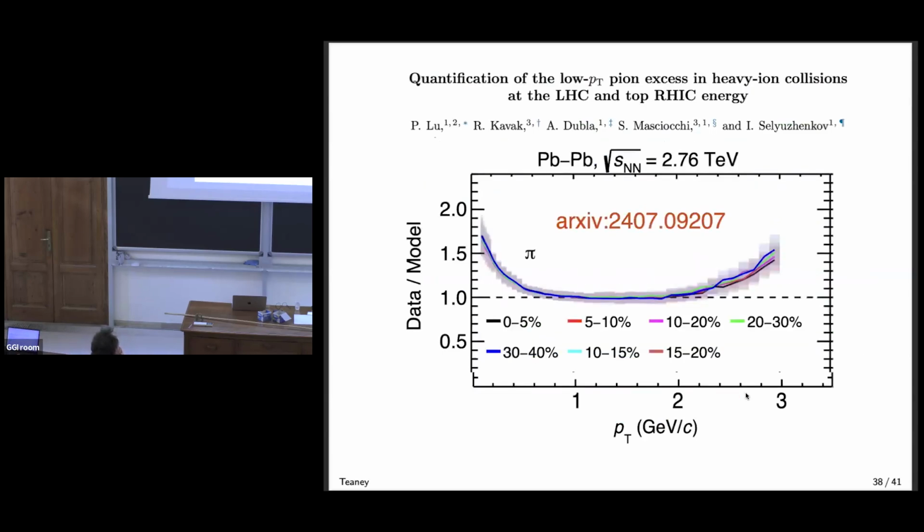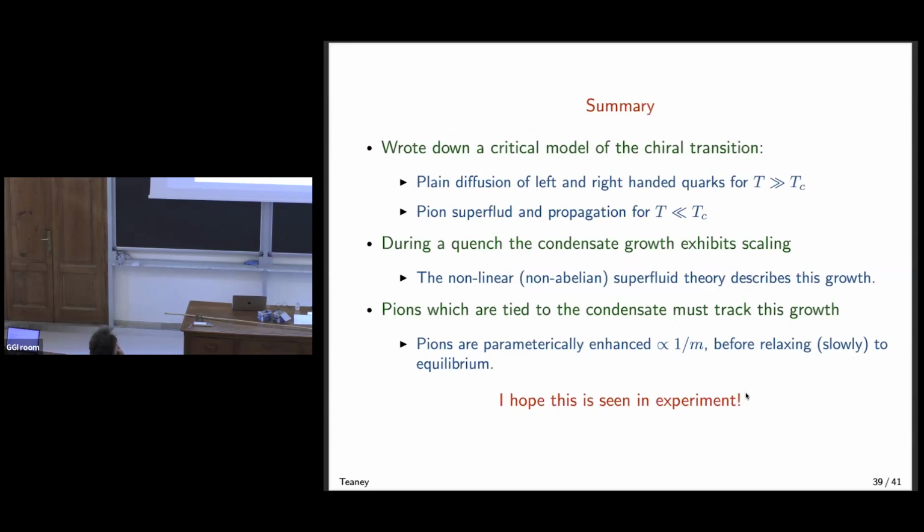Okay, so anyway, if I can just summarize, we wrote down this critical model for the critical point. It's a great model, really a whole lot of fun. And what's good about it is it almost doesn't totally need the critical dynamics, to be honest, right?